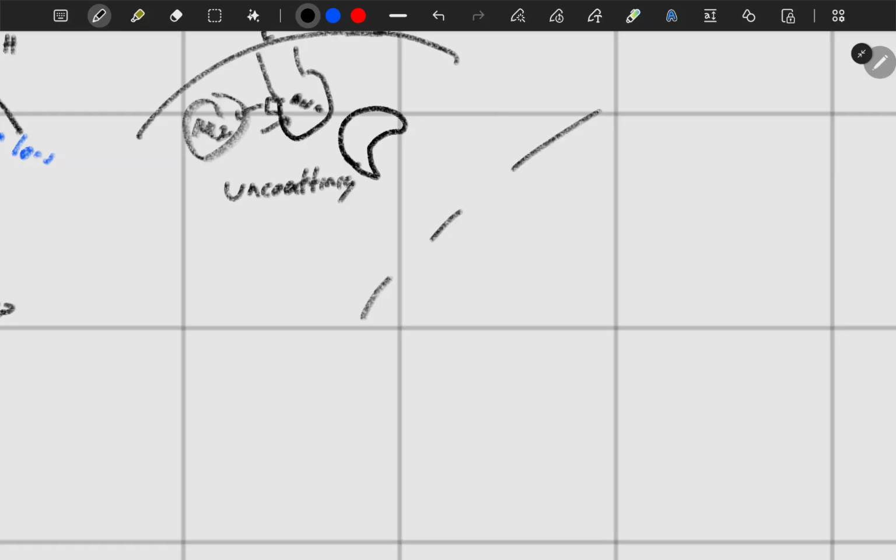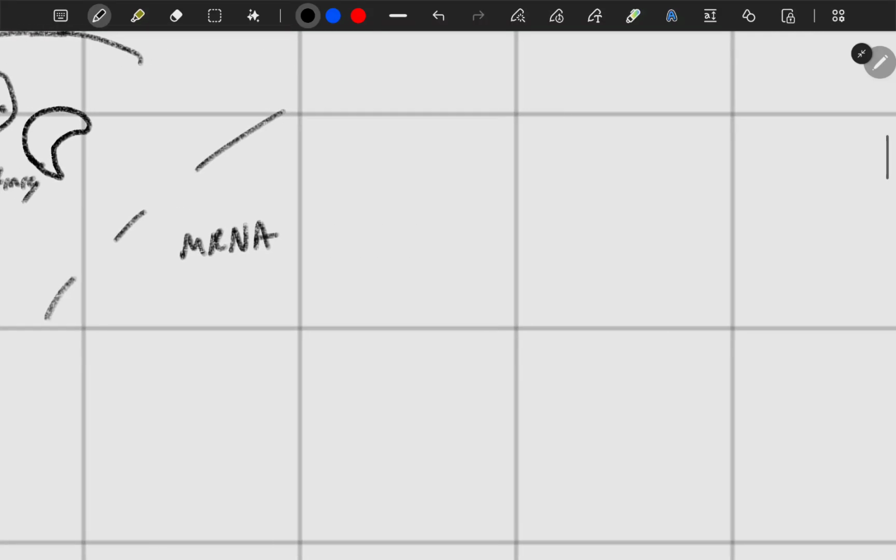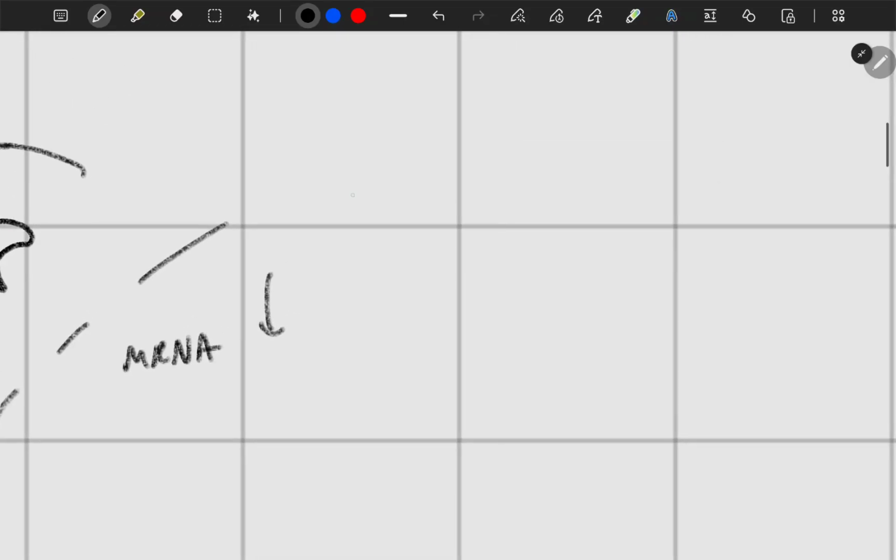So the RNA is transported to the nucleus, where it's transcribed into messenger RNA. This is thanks to the viral RNA-dependent RNA polymerase, which we could write as RdRp.